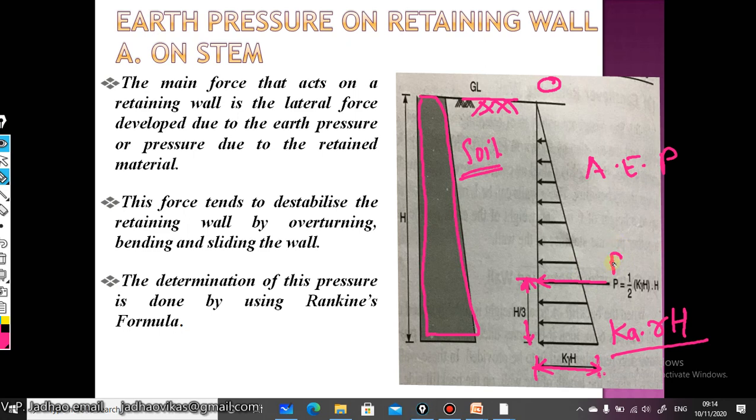So let us consider PA as the active earth pressure, the magnitude will be half into base Ka gamma h, and again we have height h, so this is equal to half Ka gamma h square. So this is the magnitude of the lateral force which will be acting here, and this is the pressure intensity.